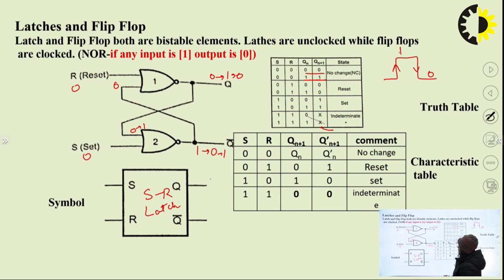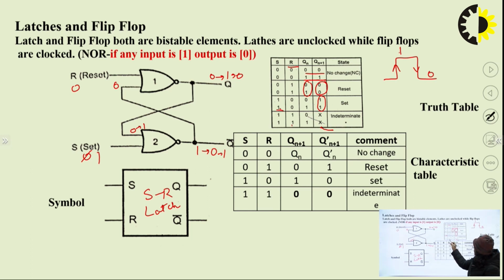For the case where set is 1 and R is 0, using the same logic, we check that for any previous state, the next state will be 0 for R equal to 1, and for S equal to 1 the next state will be 1, which is called set and reset.